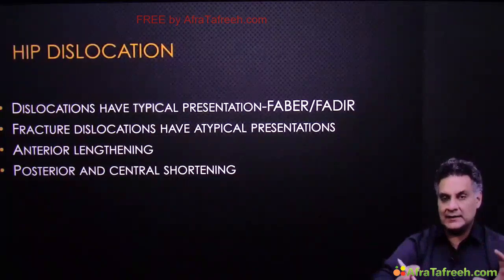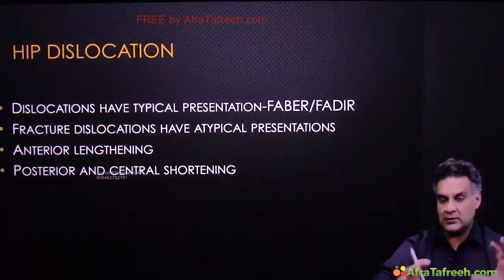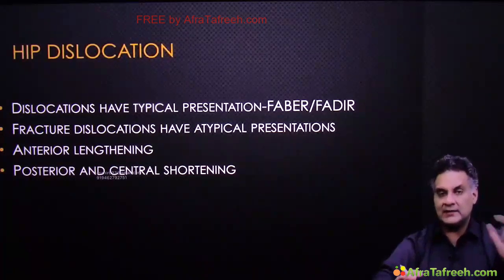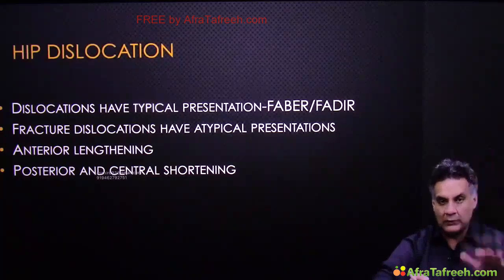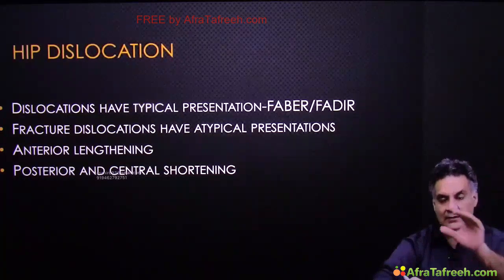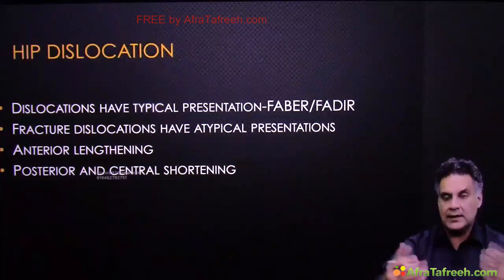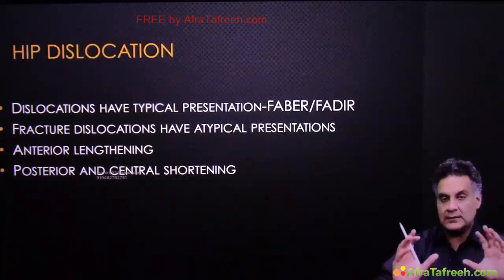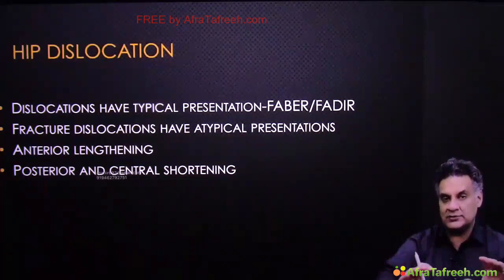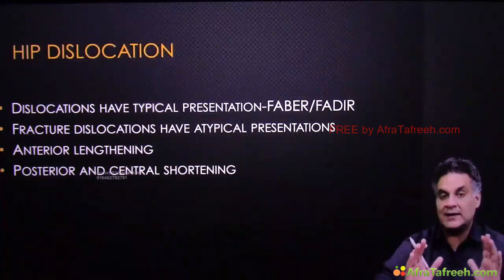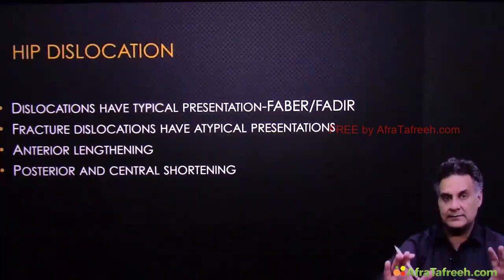In anterior dislocations, the head of femur or humerus will go down below the joint and the limb will be abducted, down and out. In posterior dislocation, the head will be at the level of the joint or above it, and the limb will be adducted, up and in.